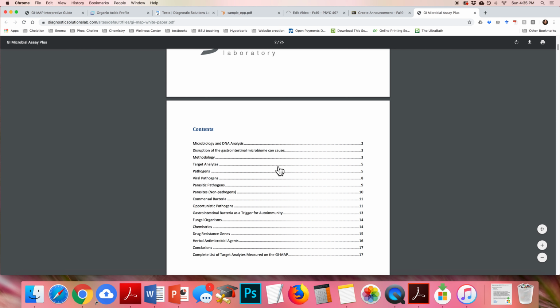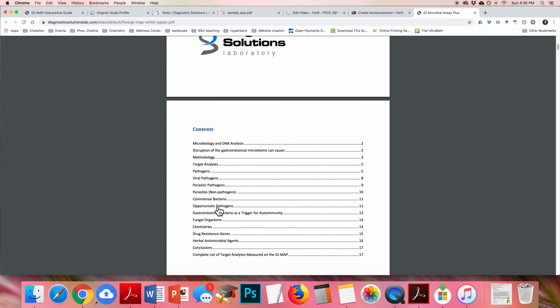So, for example, the pathogens, including viral, parasitic, and bacterial infections, all of those things that can occur at the gut level. Now, it can happen in your brain, but we can see evidence of these problems in the gut, in the stool. They can definitely affect your psychological function.